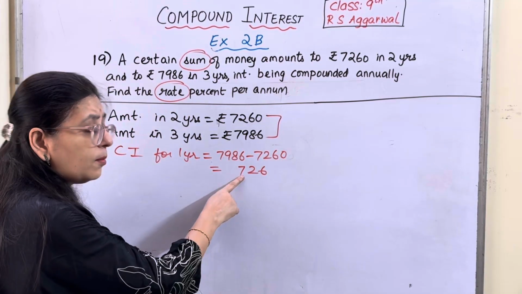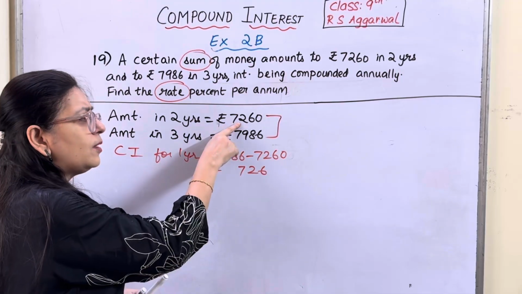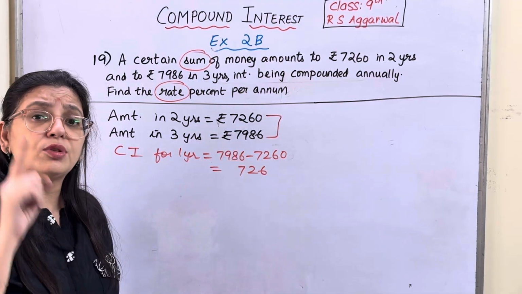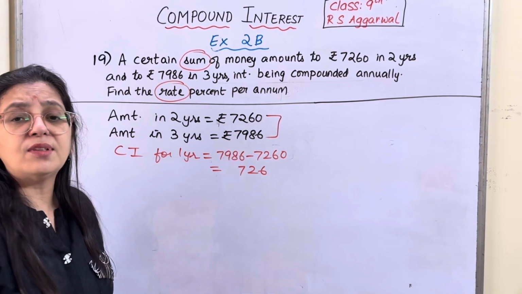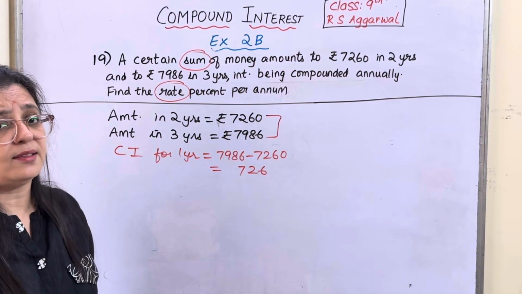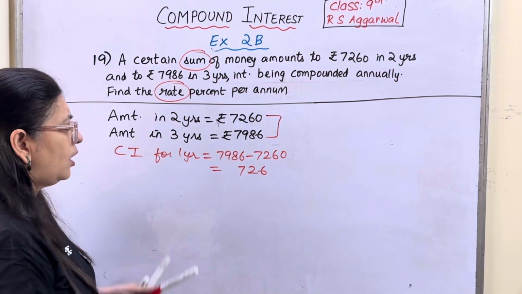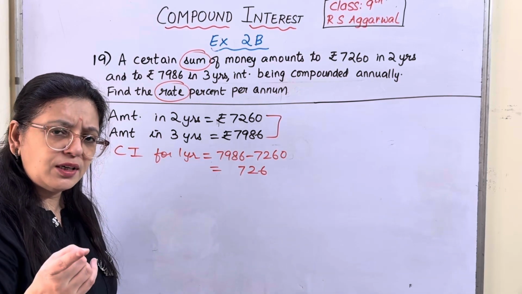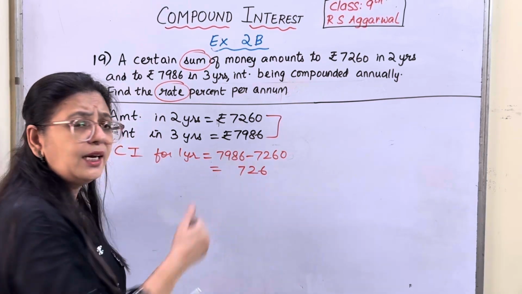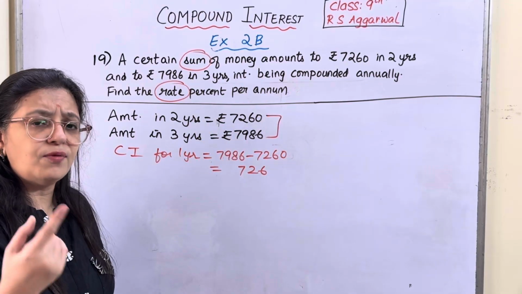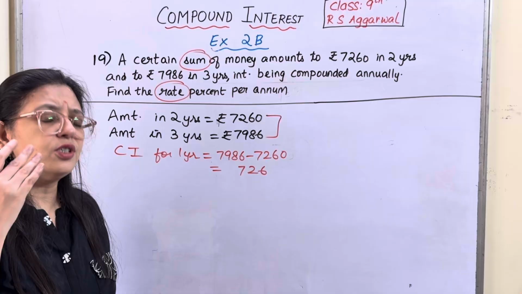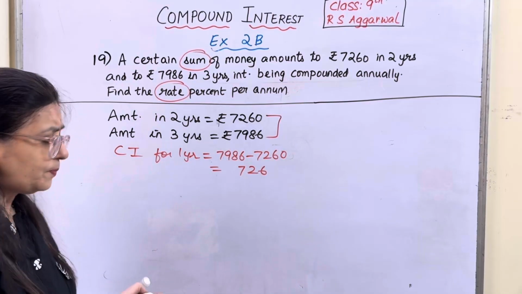This is the compound interest when the principal was 7,260 and the amount became 7,986 rupees. Okay. Now, this is the compound interest for 1 year. So, for 1 year, if the interest is this much, I take the principal as this much, and in 1 year, you can find the rate just by using the simple interest formula.